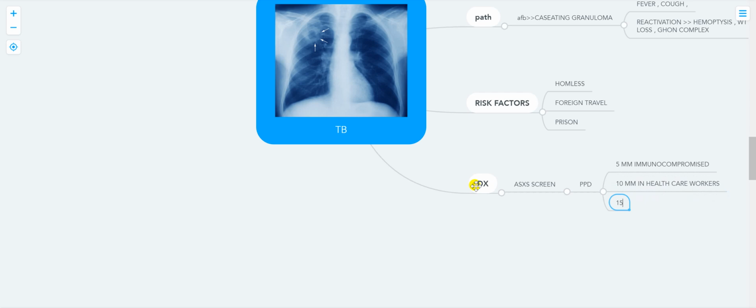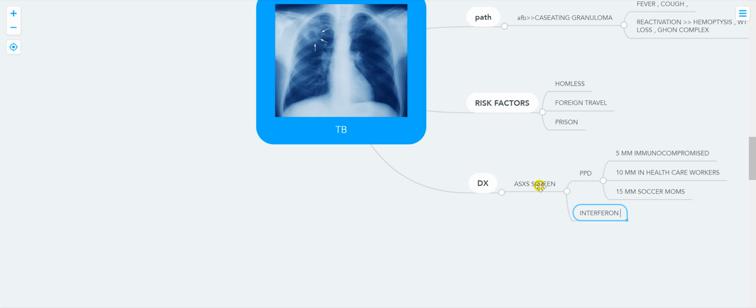It could be 15 mm in soccer moms, which means people are very healthy. 15 mm, they have 15 mm.